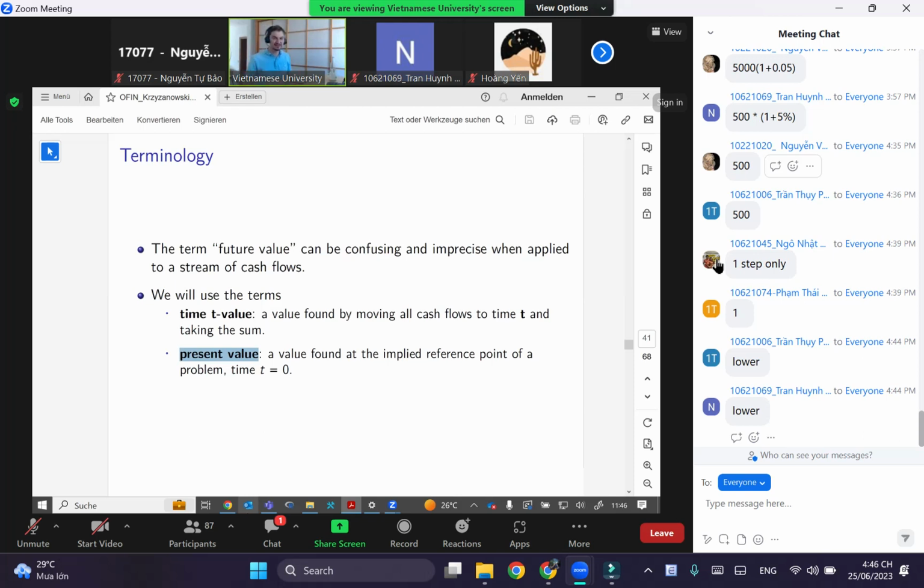Whilst a time t value approach tells you what happens if we analyze a cash flow at a particular point in time t, right? And when this time t is equal to 0, we refer to it as a present value analysis. Otherwise, we could perform a time t value analysis. This makes terminology a little more specific.